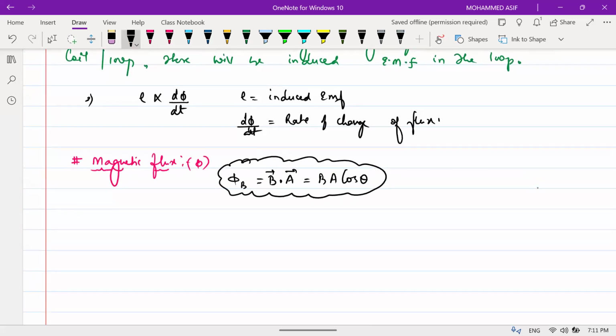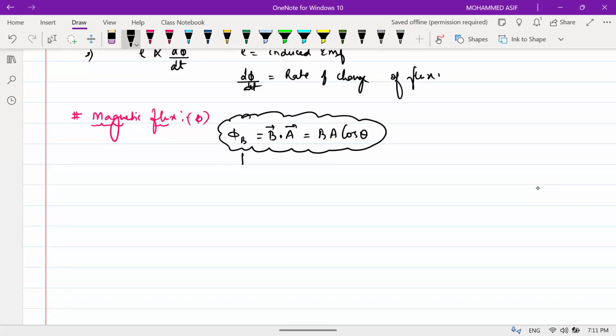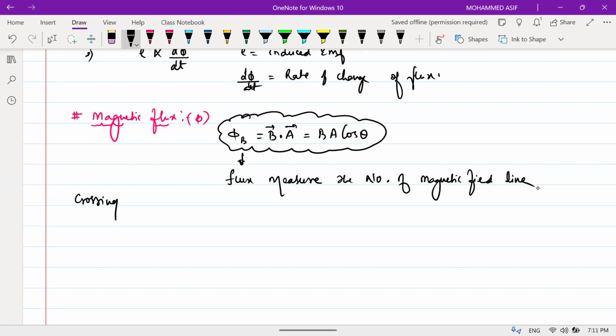It measures what, beta? The number of magnetic field lines which are crossing that area, or given area, we can say.